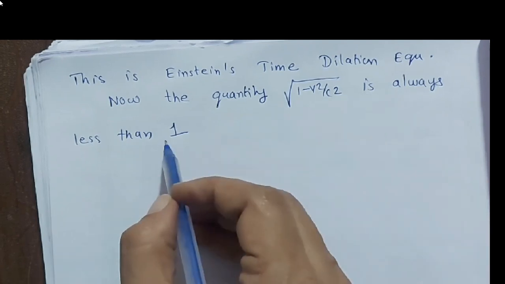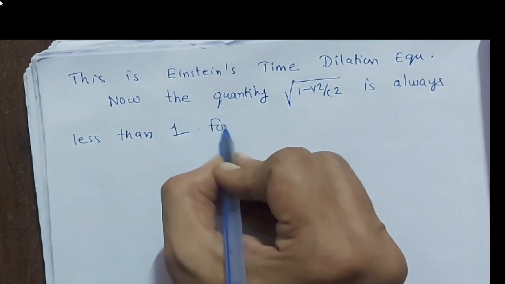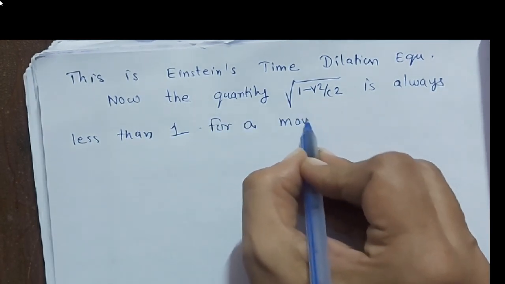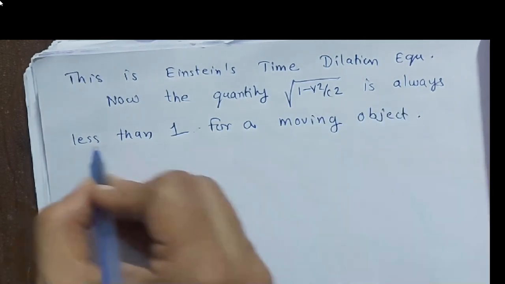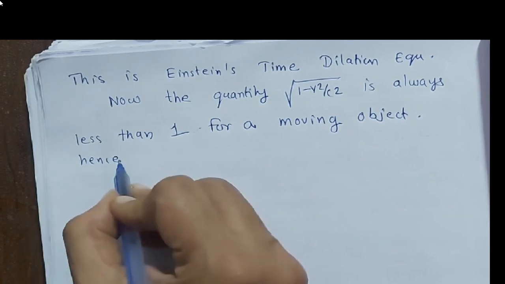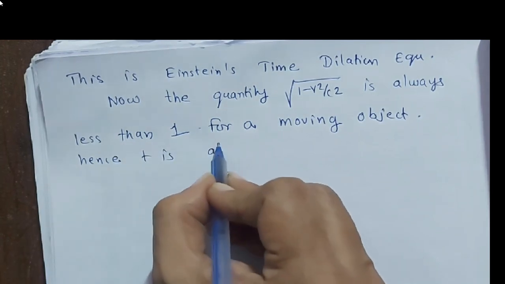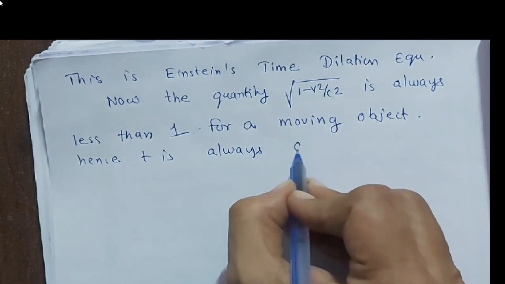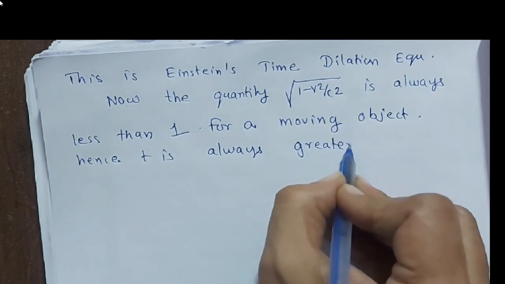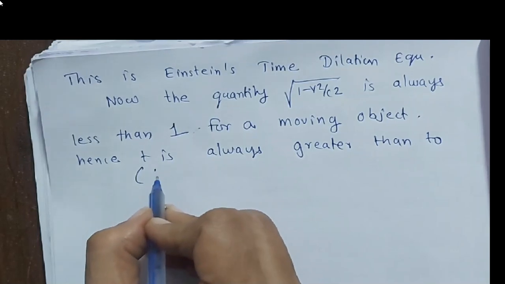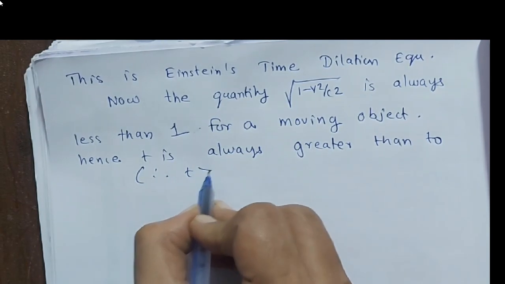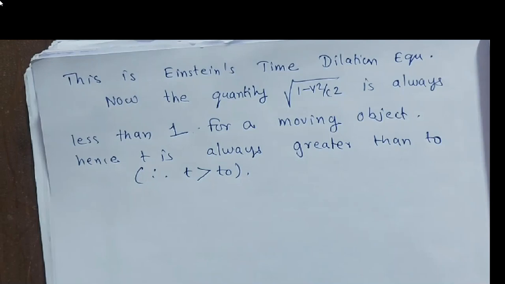So it is always less than 1 for a moving object. Hence, t is always greater than t0. Therefore, t is greater than t0. That you need to remember. So this is famous Einstein's time dilation equation.